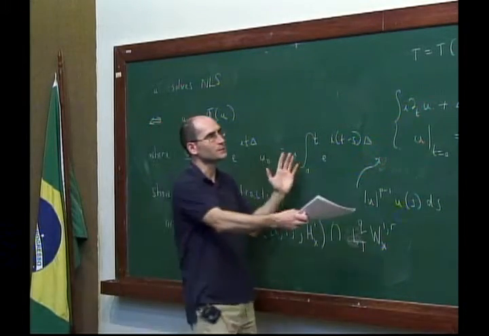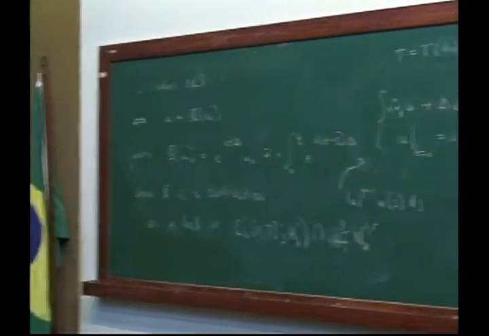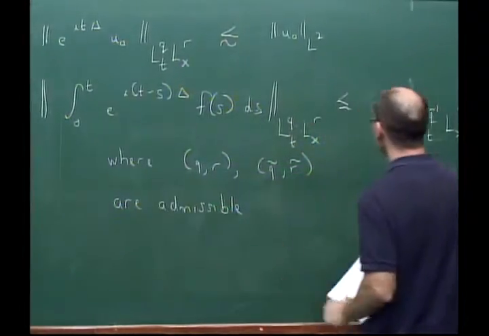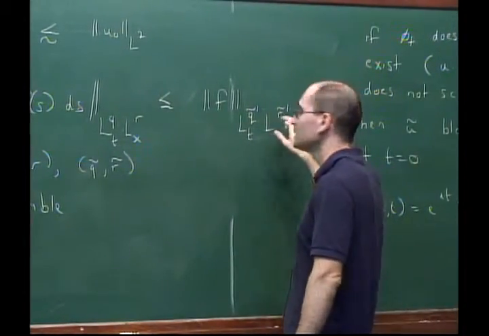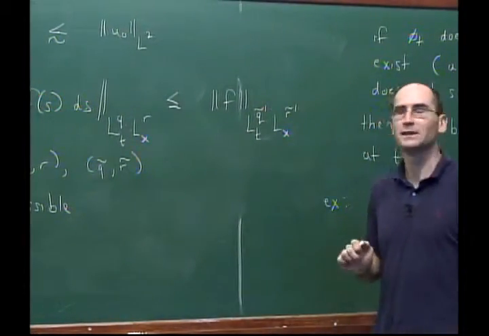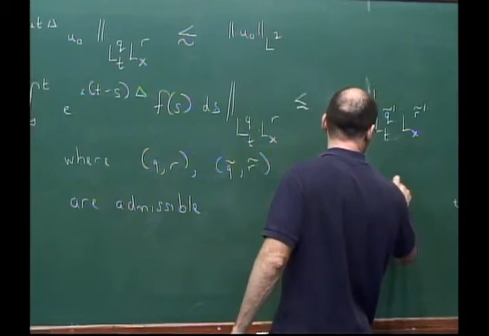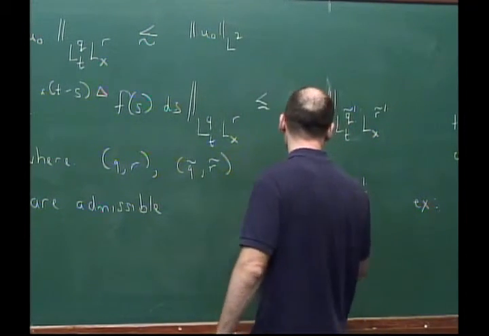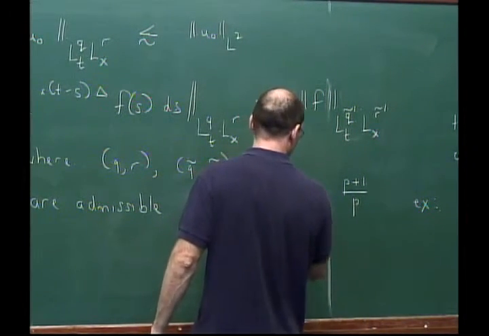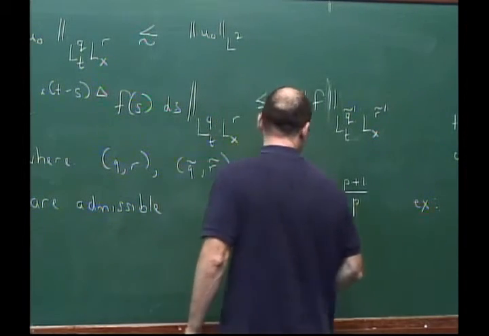But for the second term, you have to use this inhomogeneous version. And so if you take QR to be the pair I mentioned, and then Q tilde R tilde to be the same pair, then R tilde prime will be p plus 1 over p.